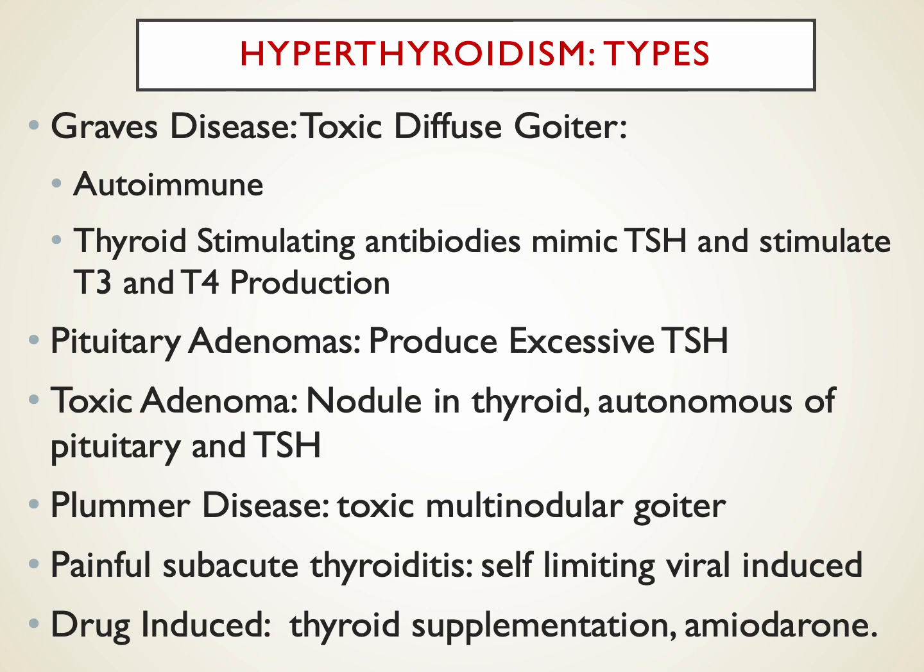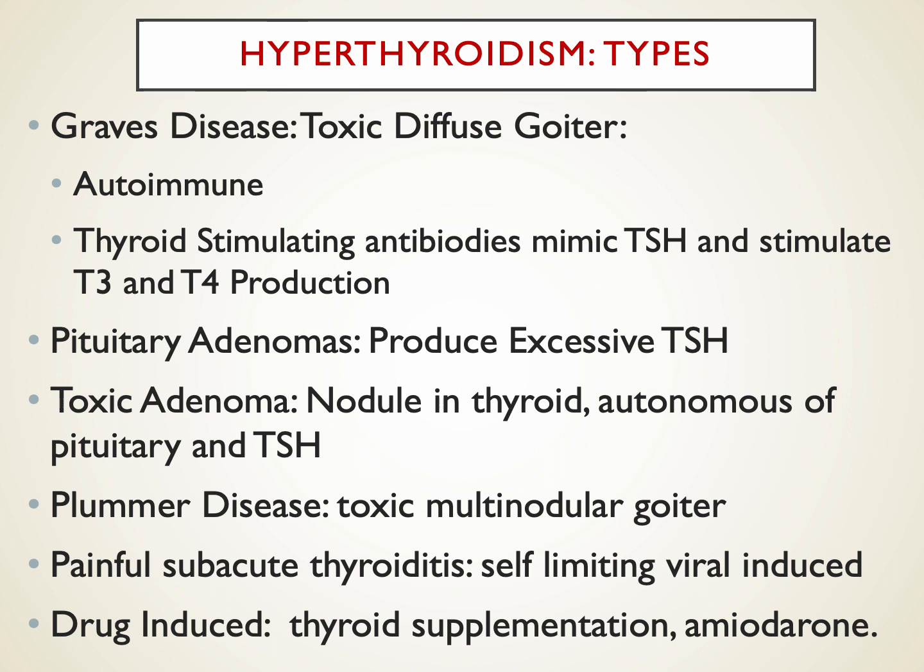So let's first look at hyperthyroid states. A number of different things we think about here, but first let's look at Graves' disease, or toxic diffuse goiter. Considered an autoimmune condition where the thyroid stimulating antibodies mimic TSH and therefore stimulate T3 and T4. We could also have pituitary adenomas that produce excessive amounts of TSH.